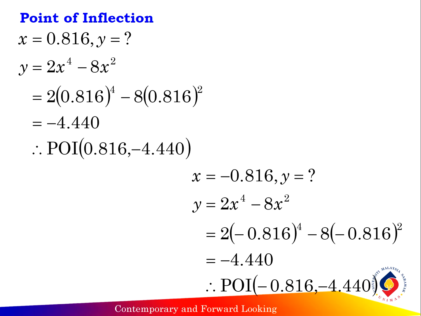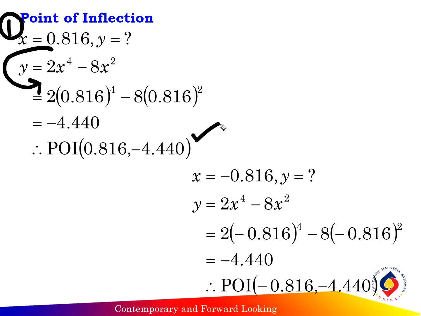Okay, and you find the coordinates of the inflection point. So for the first point here, x equals 0.816, and you substitute into the quartic function, 2x to the power 4 minus 8x squared. So the answer here is negative 4.440, at least 3 decimal places.